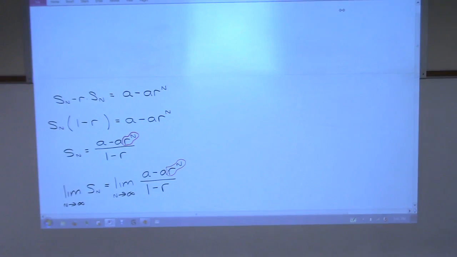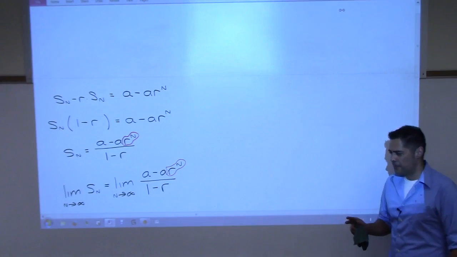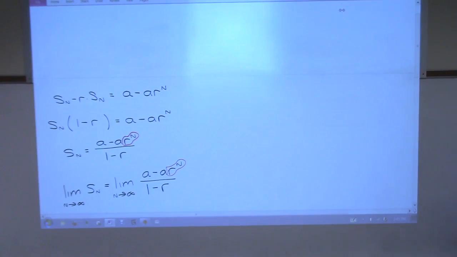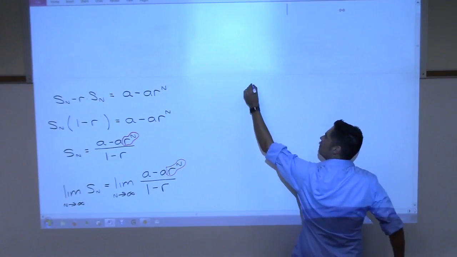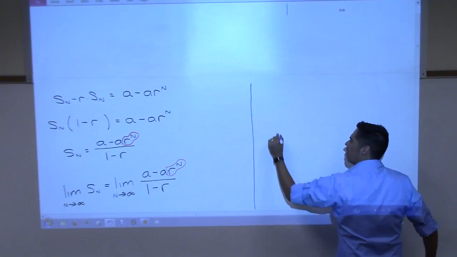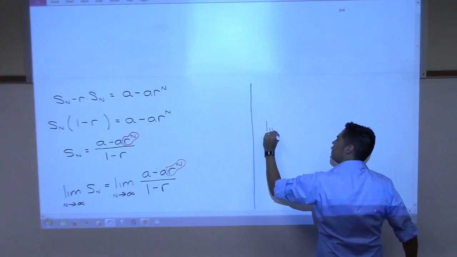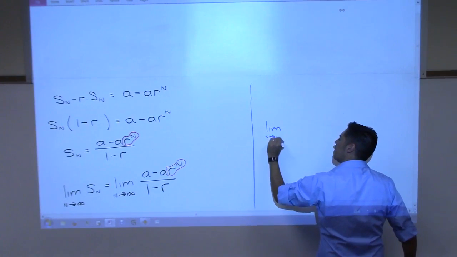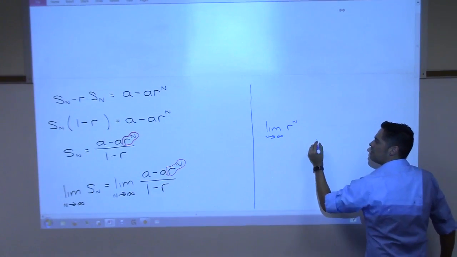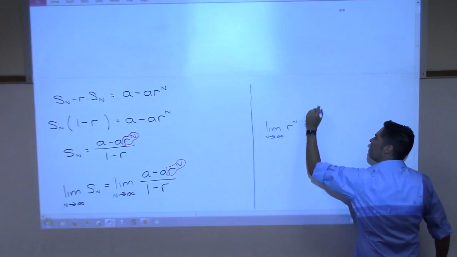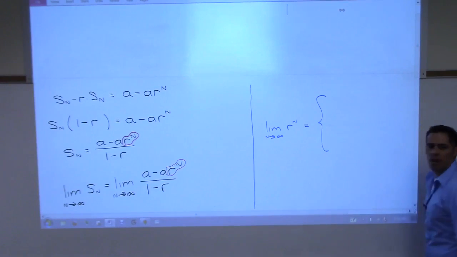I'll give you a hint. About 48 hours ago, 47 hours ago, you were looking at this with me. We had the limit as n goes to infinity of r to the n, and we were looking at this and saying, what does this do? And we came up with the conclusion that it could do one of a couple of things. It should be in your notes.